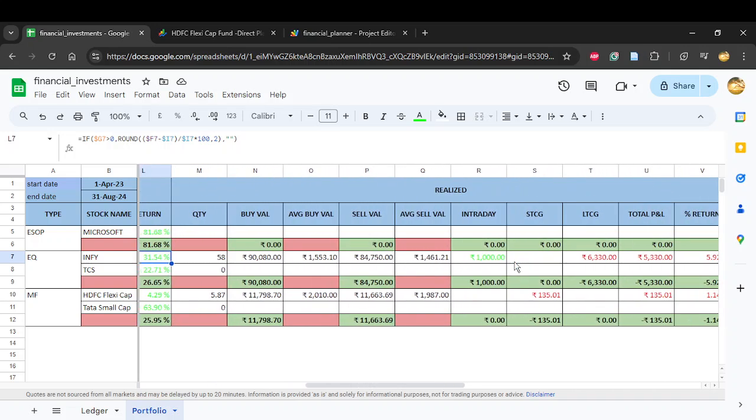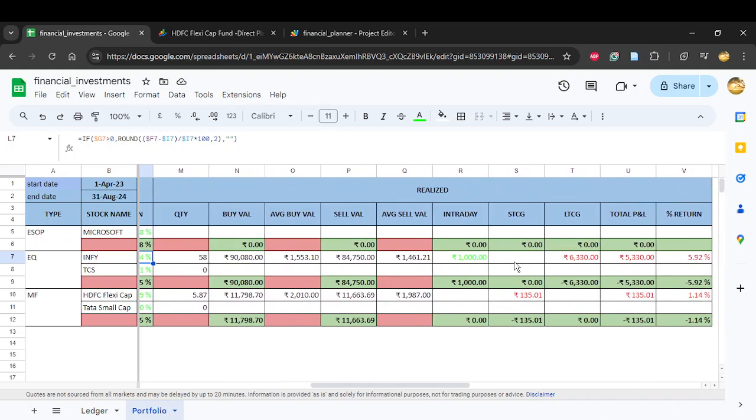Now we are coming to the realized gains. This is the case when you actually sell some stocks and realize some profit or loss in the process. This will be calculated for the time period that you mention here.